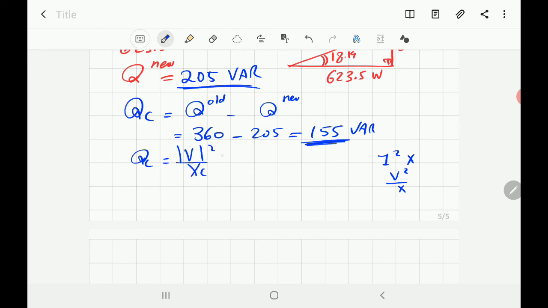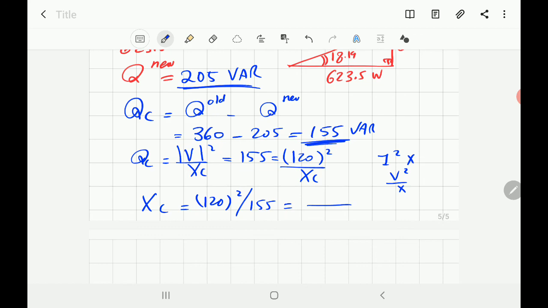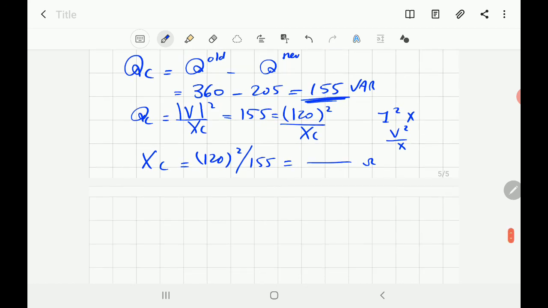QC is known, 155, and the voltage is known, 120 squared, over XC. From that I can find XC. XC will be equal to 120 squared, the voltage magnitude, divided by 155. So you will get the value of XC in ohms, but it is required to find C.